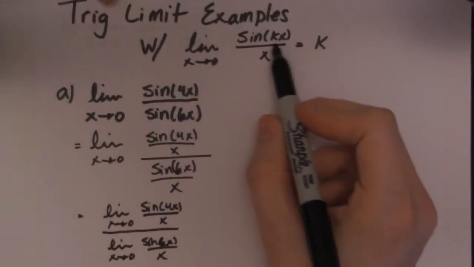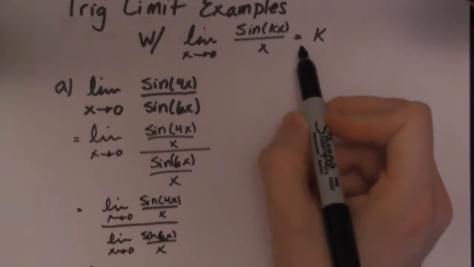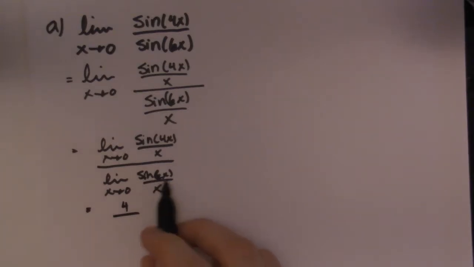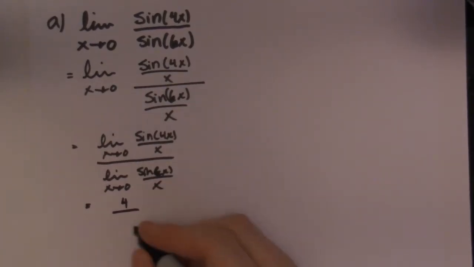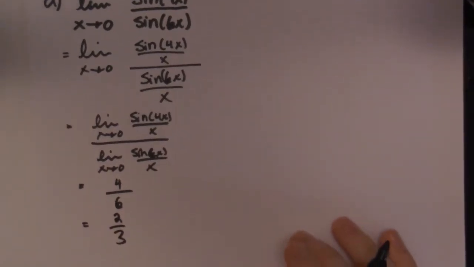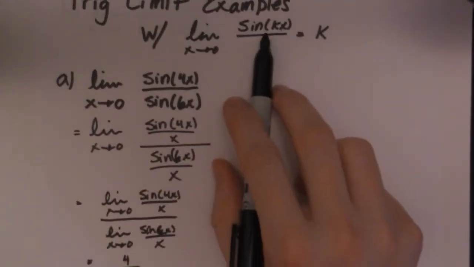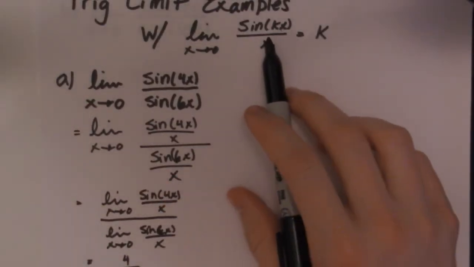We use this guy, so sine kx over x is k. So the sine 4x over x is 4, and then sine 6x over x is 6, and then this guy reduces down to 2 over 3. So that's my limit. So there it is, guys, making your limit look like this guy. It's just a magical thing when it works out so lovely.